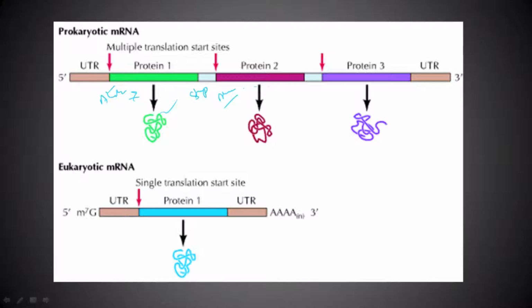It has multiple translational start sites, whereas eukaryotic mRNA has only a single translational start site. And as eukaryotic mRNA is very large, translation starts only after post-transcriptional modification, whereas in prokaryotes translation starts even before transcription has finished. So this is the difference between the two.